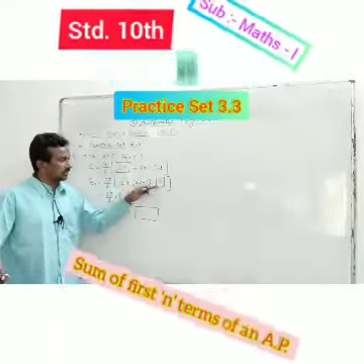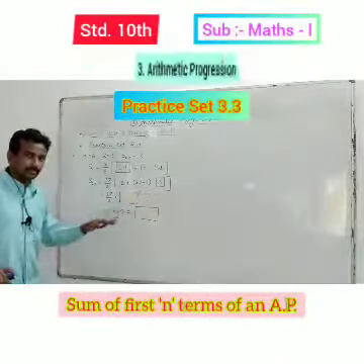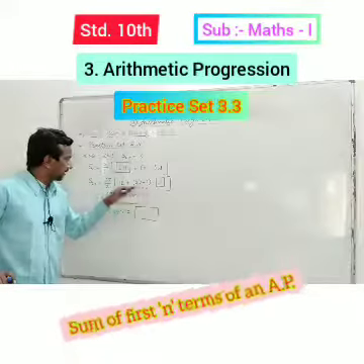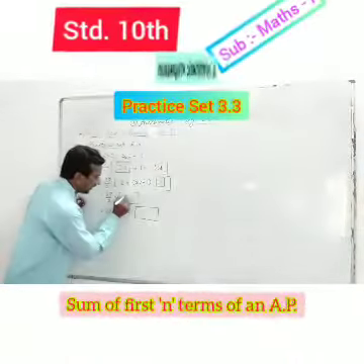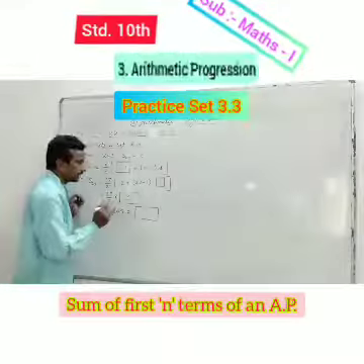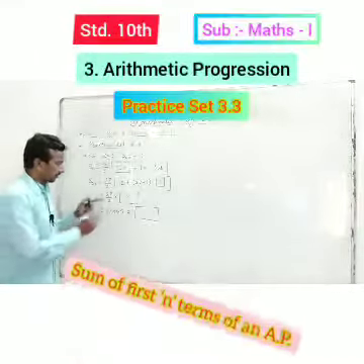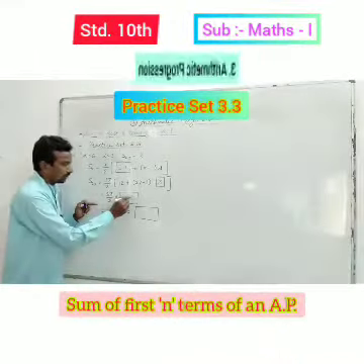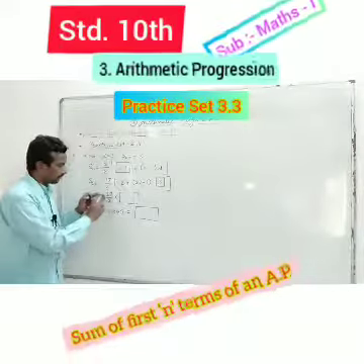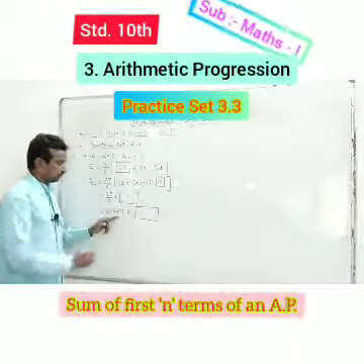26 3s are 78 and 78 plus 12 is 90. This box contains 90. Now 2 1s are 2 and 2 45s are 90. Therefore 27 into 45.